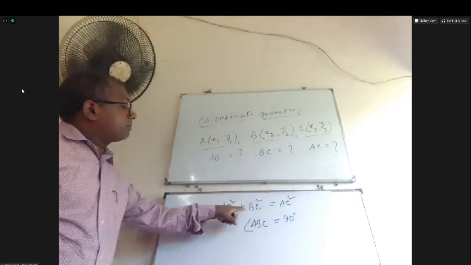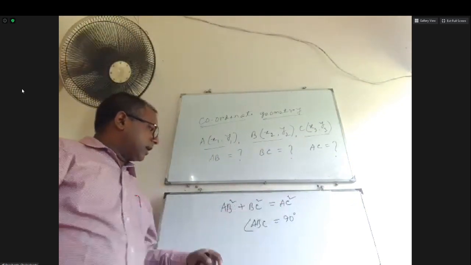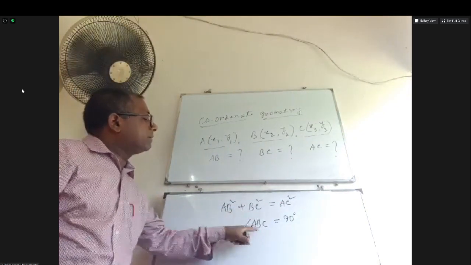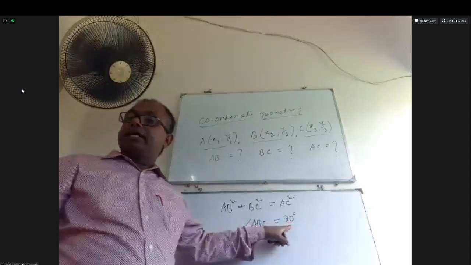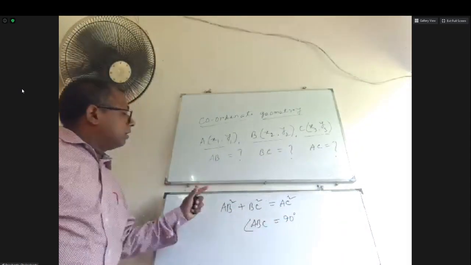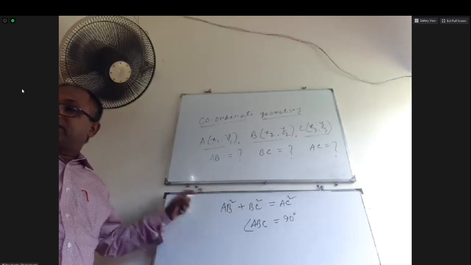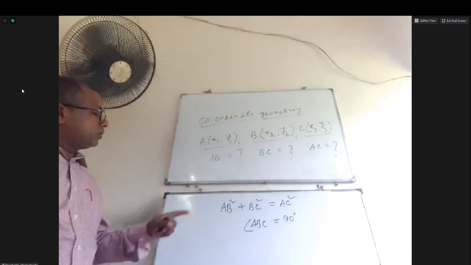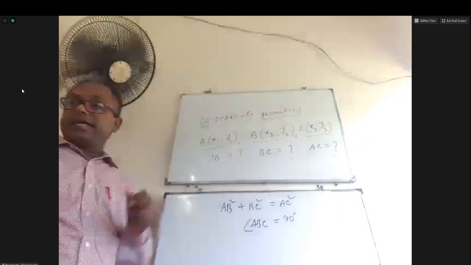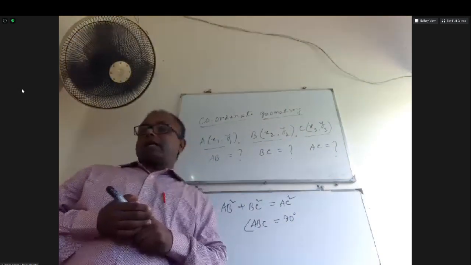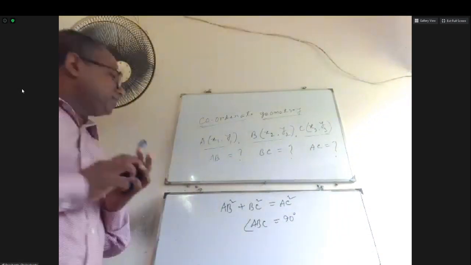If AB square plus BC square equal to AC square, then the angle ABC will be a right angle, so the Pythagoras theorem is satisfied. In this case, we can say the triangle ABC is a right angle triangle.